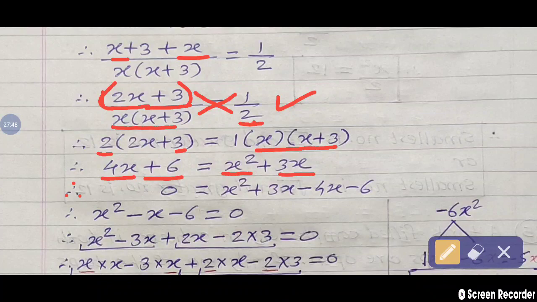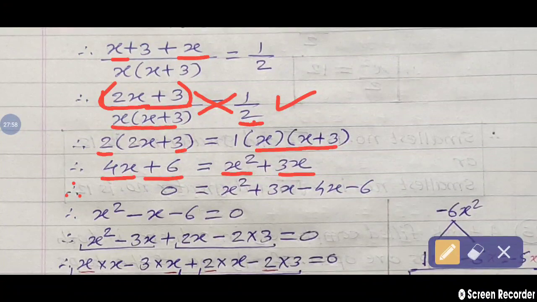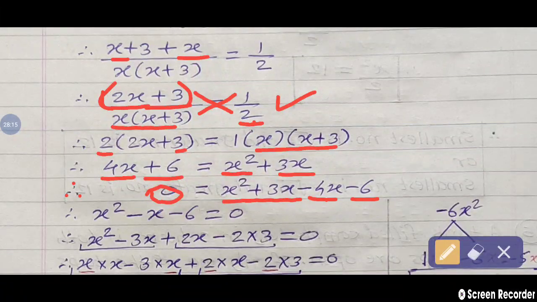Therefore, on the right hand side the x square term is positive, so we are shifting both left hand side terms to the right hand side. So one side is 0, the left side is 0, because both terms 4x and 6 are shifted to the right hand side. Therefore, what are we getting? x square plus 3x, these two terms on the right hand side, and the left side terms shifted to the right hand side, then minus 4x minus 6.